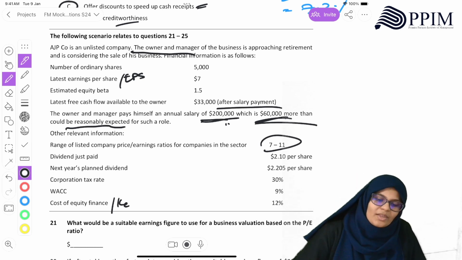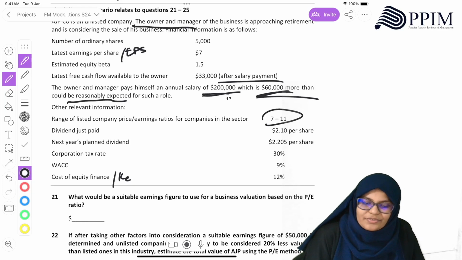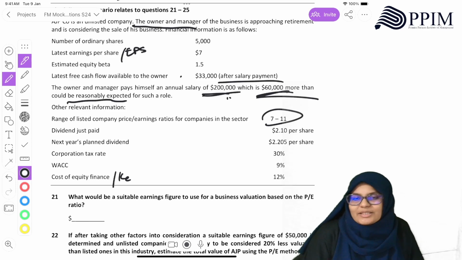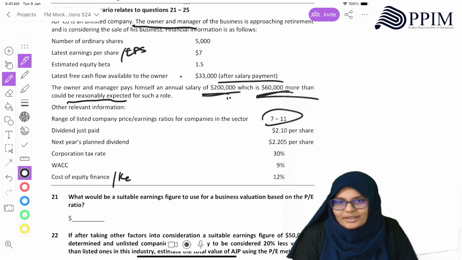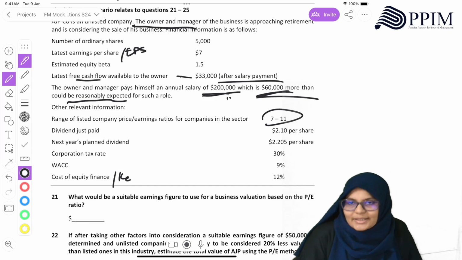Okay. They are saying 21, what would be a suitable earnings figure to use for business valuation based on the PE ratio? Now tell me, can I use 33? Now earnings means what? The amount that is available for ordinary shareholders. They are telling me free cash flow available to the owner is 33,000.